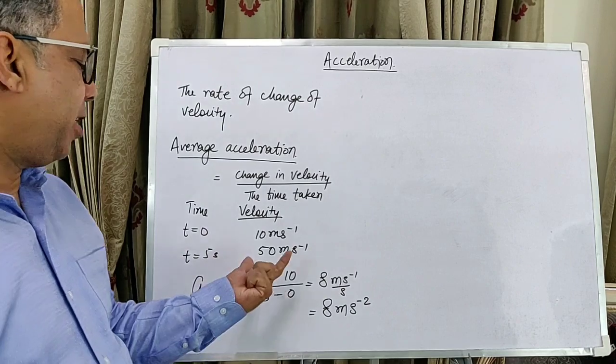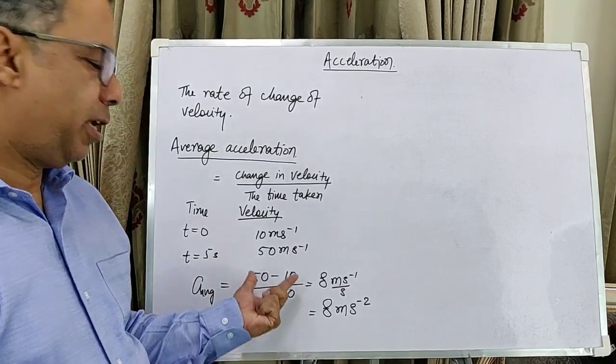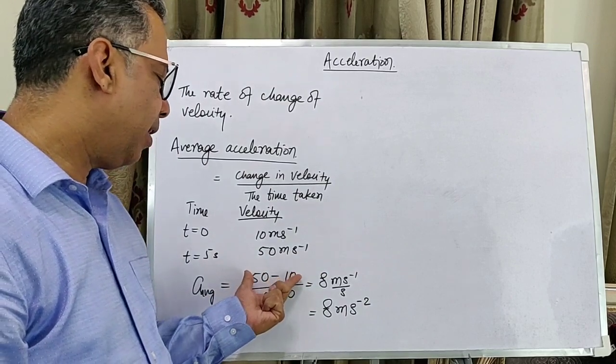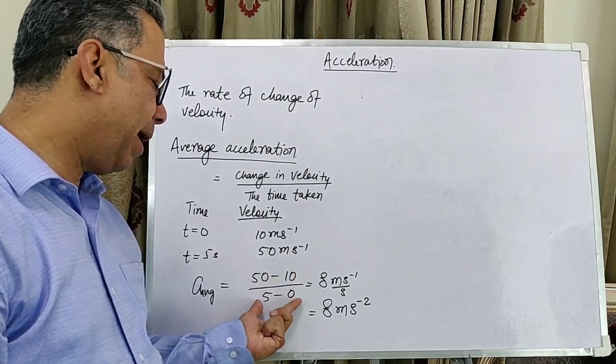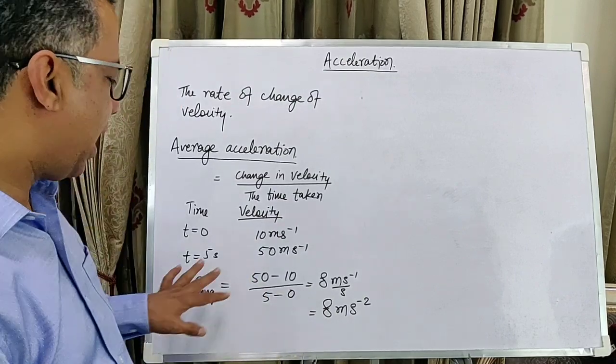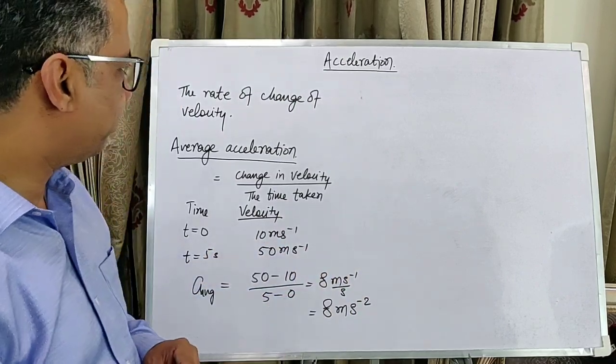But then we have taken a large interval here, calculated the change in velocity over that large interval, and divided the change in velocity by the amount of time in that interval to get the average acceleration.